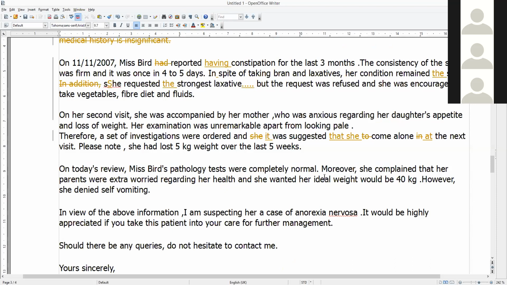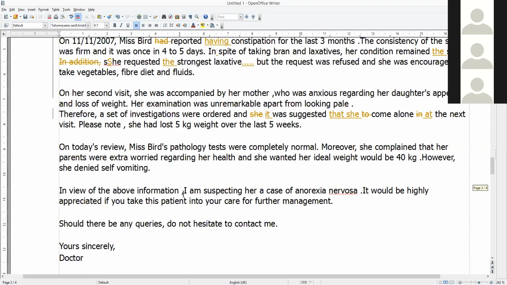I would put this in, try and, because that's kind of a bit short for a sentence. Well, over the last 5 weeks or the previous 5, it doesn't make a lot of difference. In view of information, I am suspecting. Well, I suspect. We don't need present continuous.